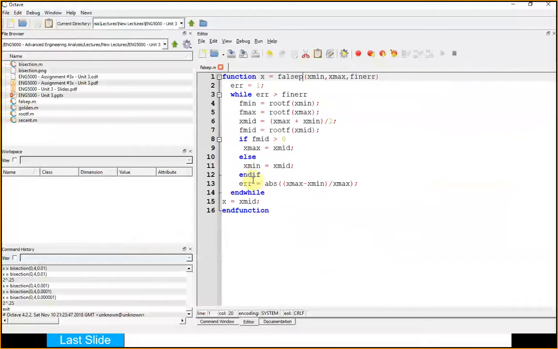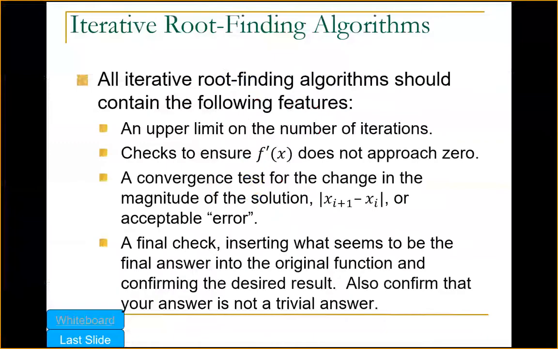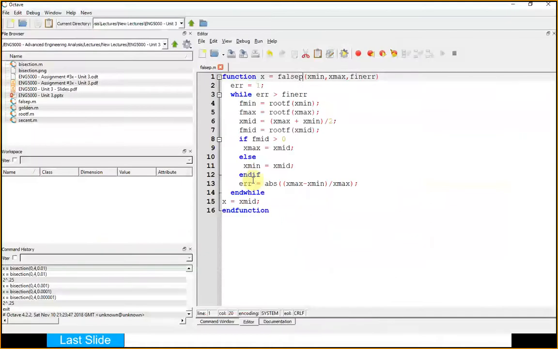Everybody look at it. If you want to write this down, or you may have it on your computer, go to that slide and tell me what is missing. What is here that is missing from the routine we wrote last week?